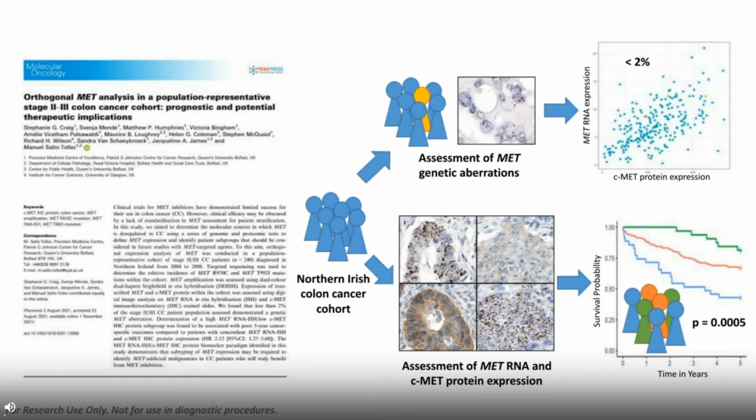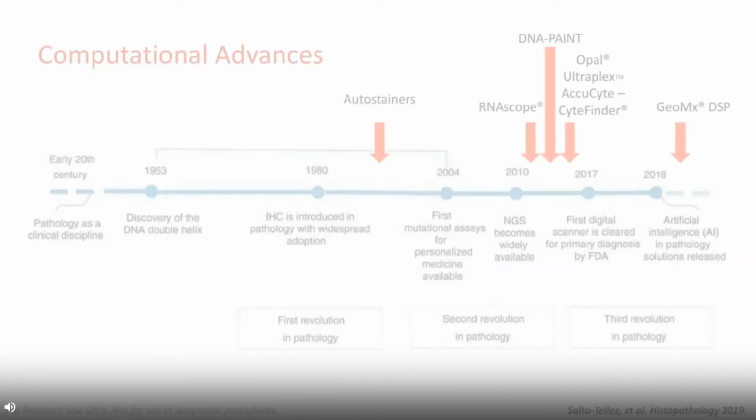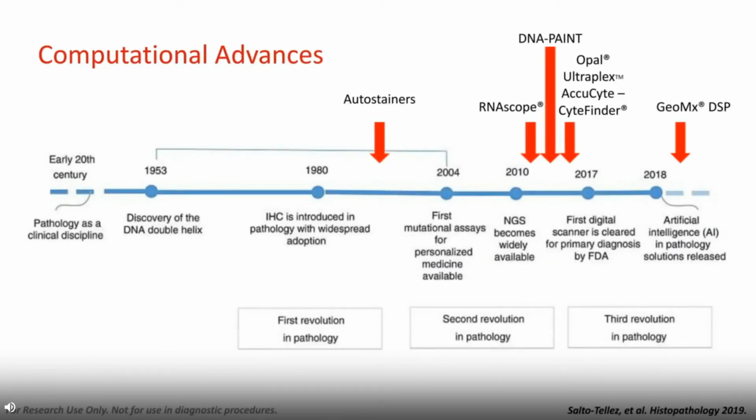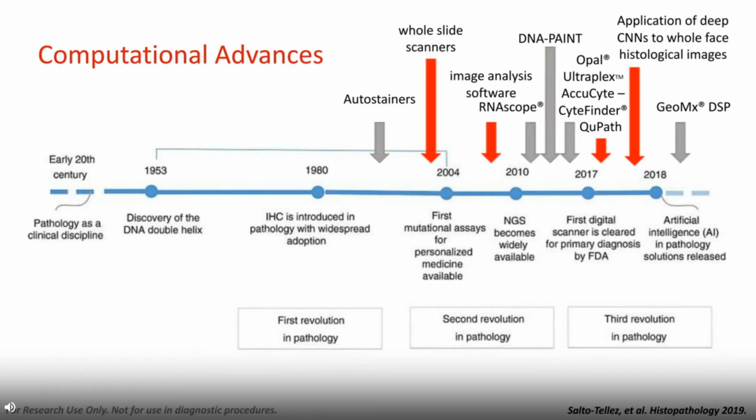But this is not the only thing that came along with modernization of the technology. We're also seeing computational advances in addition to the wet lab advancements. These computational advances came alongside the introduction of whole slide scanners to digitize these images, and this resulted in the release of commercial image analysis software for whole slide imaging, and then more recently, open source methods of assessing these whole slide images, such as QuPath.